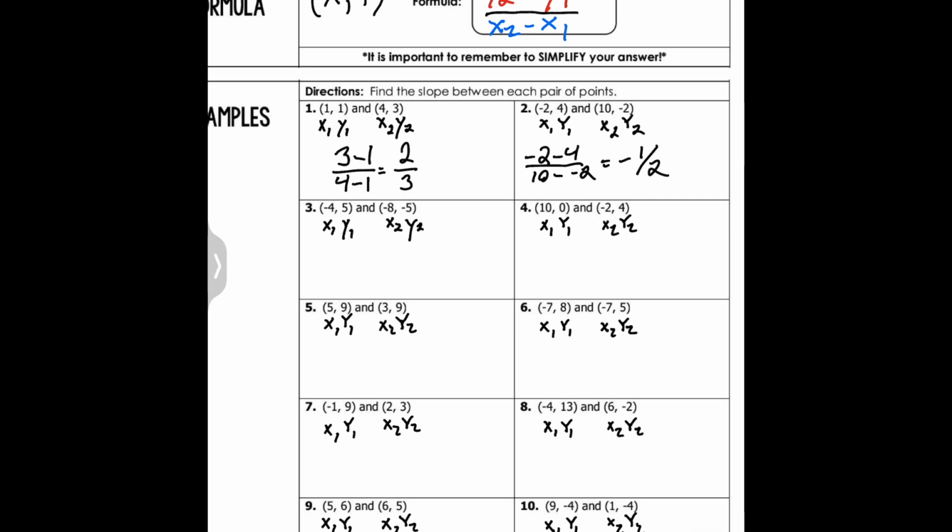Okay, let's set up the rest of these problems. So I have negative 5 minus 5 over negative 8 minus negative 4.